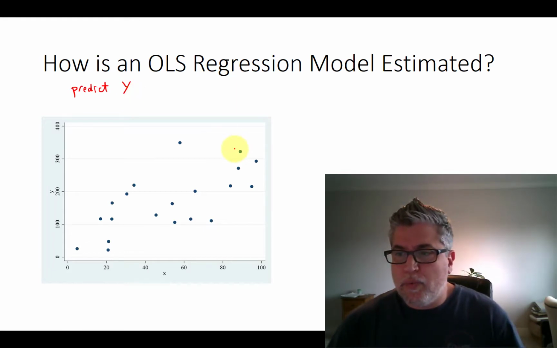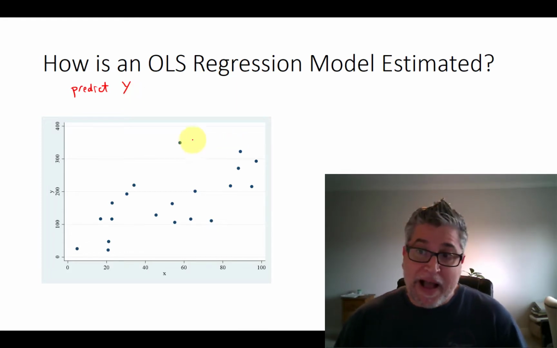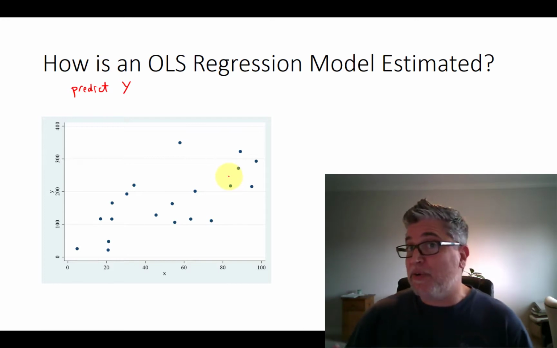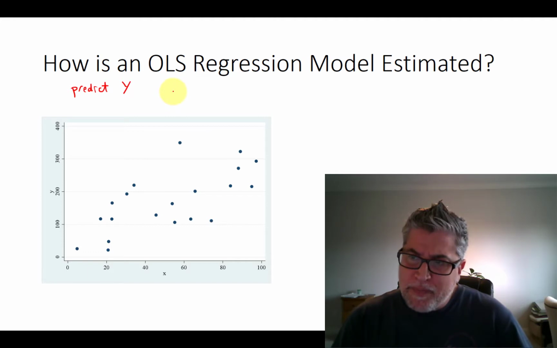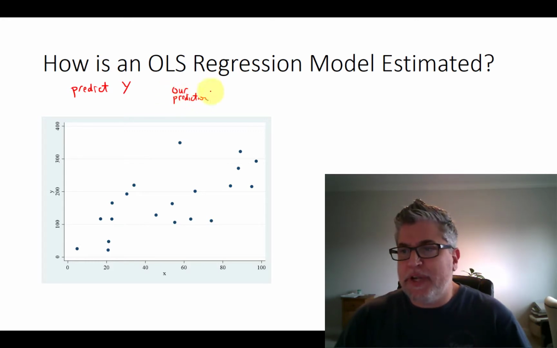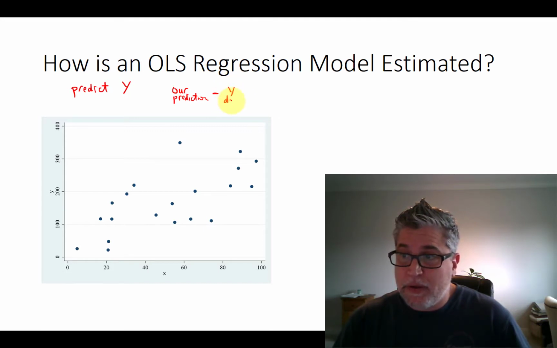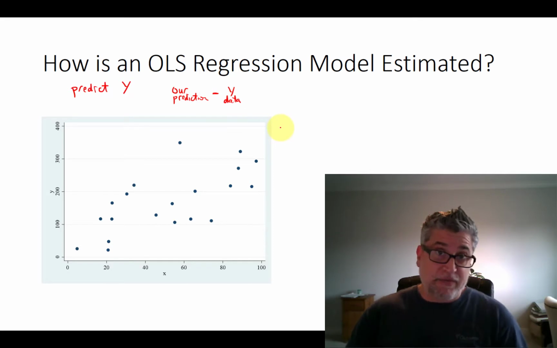So when we're thinking about how good is our statistical model, how good is our line, really what we want to know is how different is our guess, our prediction, how different is our prediction from the data point? So if you subtract those two values, you get the difference between them.